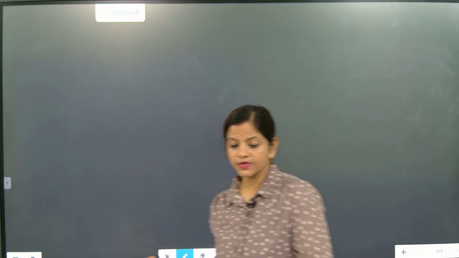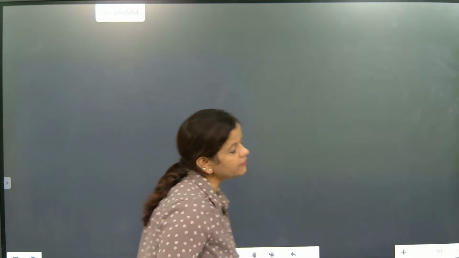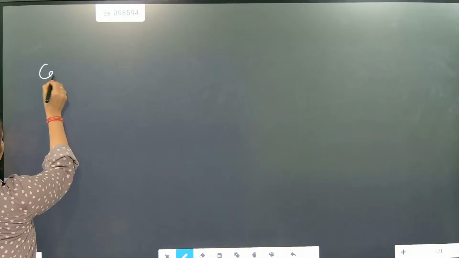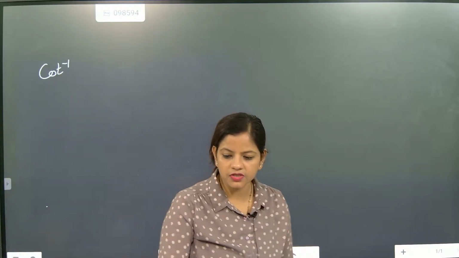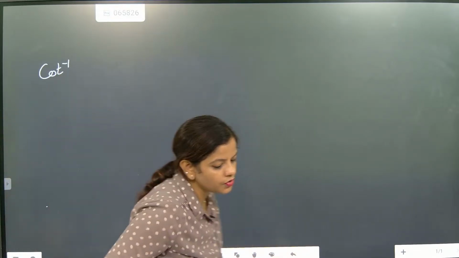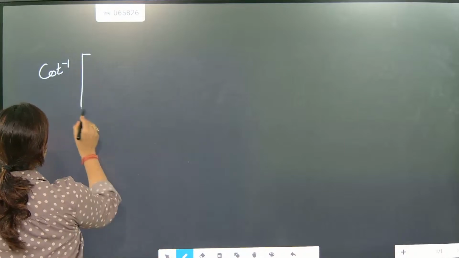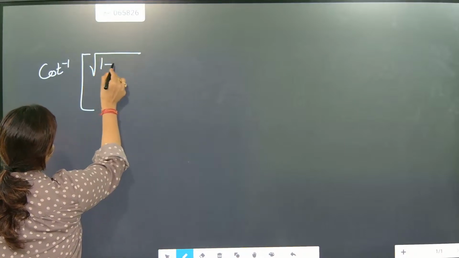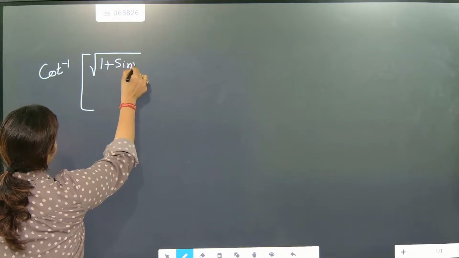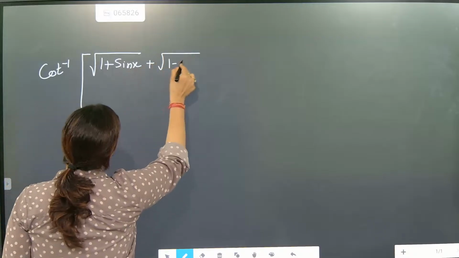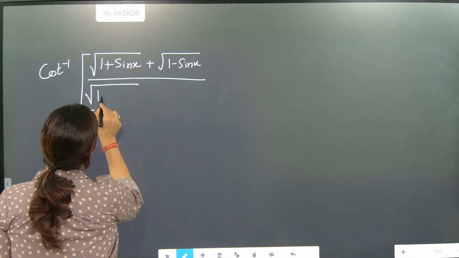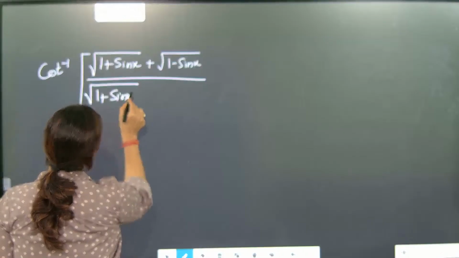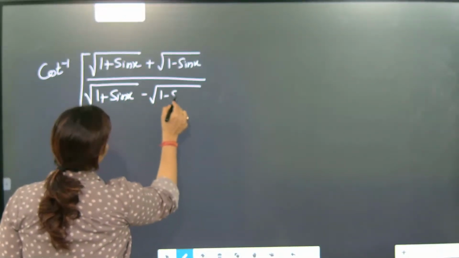The first question I am giving you: cot inverse root under 1 plus sine x plus 1 minus sine x by 1 plus sine x minus 1 minus sine x.